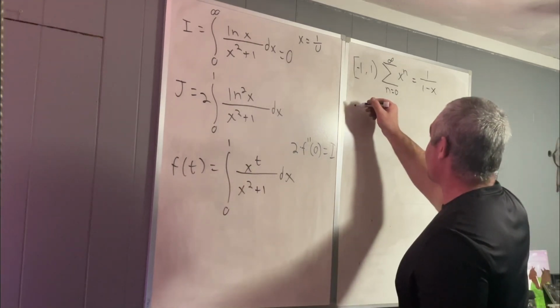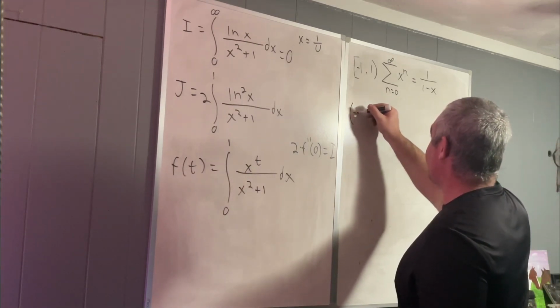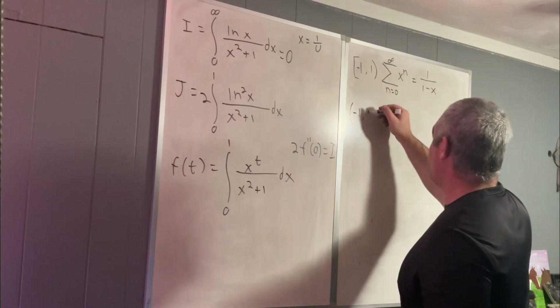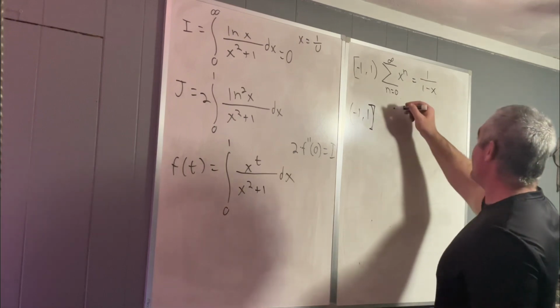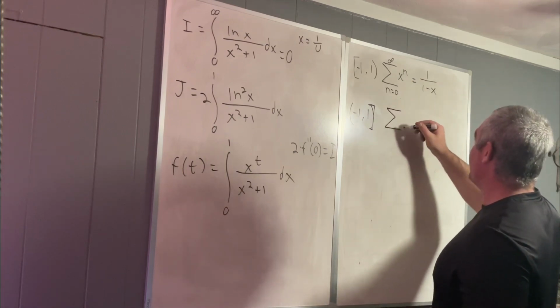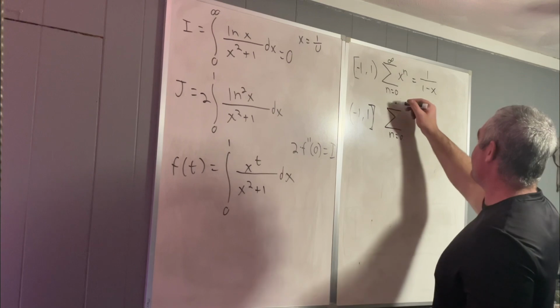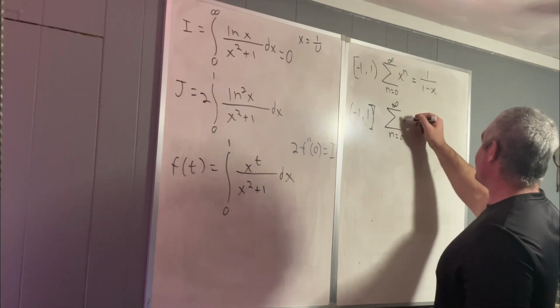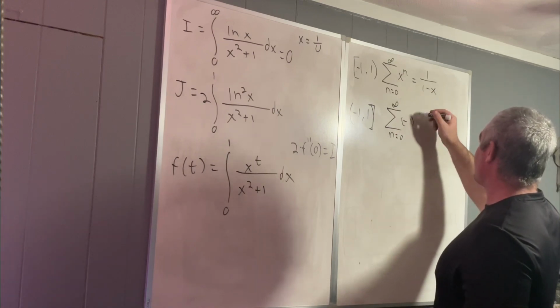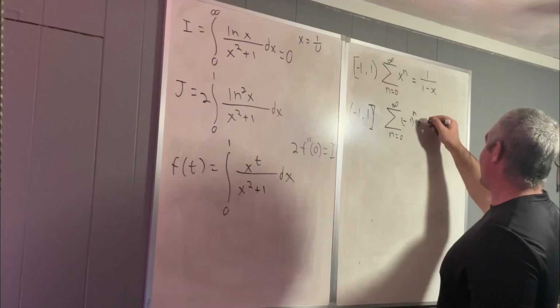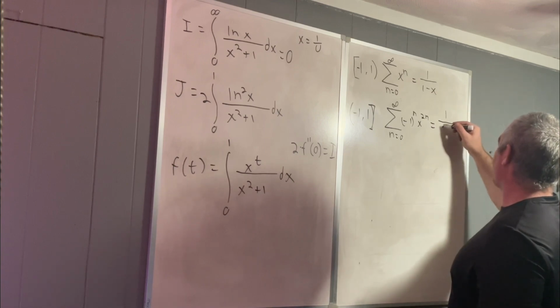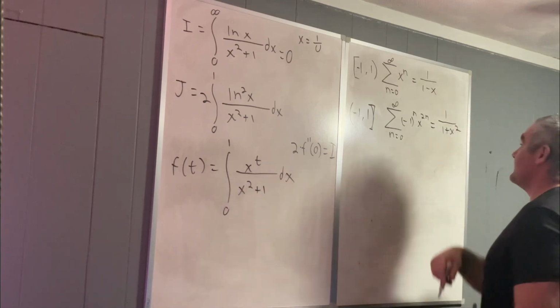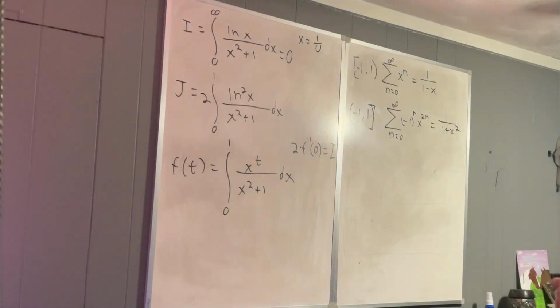We would get on the interval from -1 not included to 1 included, that the sum from n equals 0 to infinity of, let's see, -1 to the n times x to the 2n is equal to 1 over 1 plus x squared. All right. So that is a true statement.